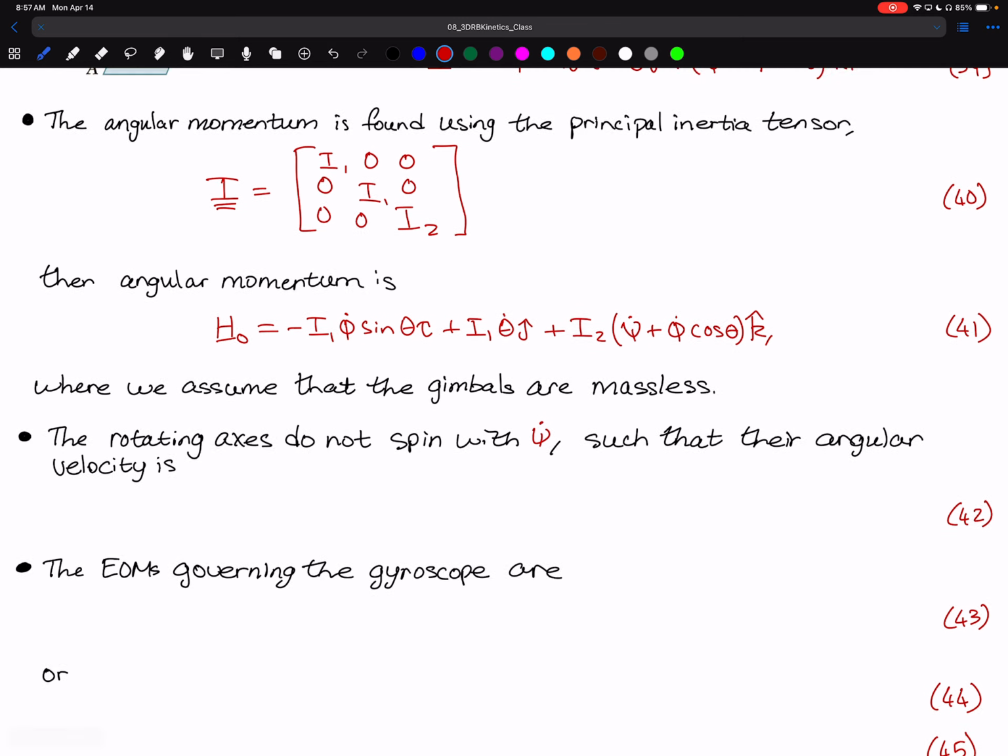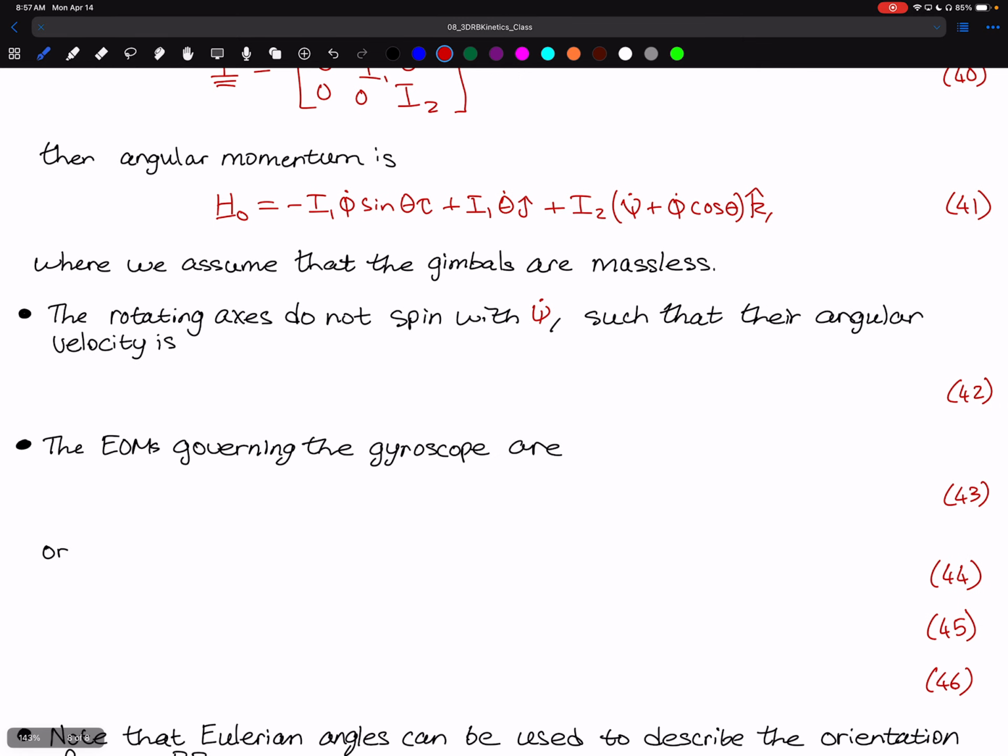All right, we now need to compute the angular velocity of our rotating axes.